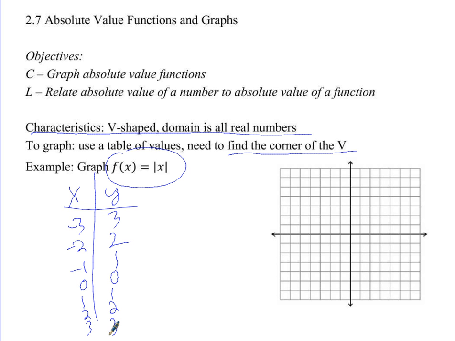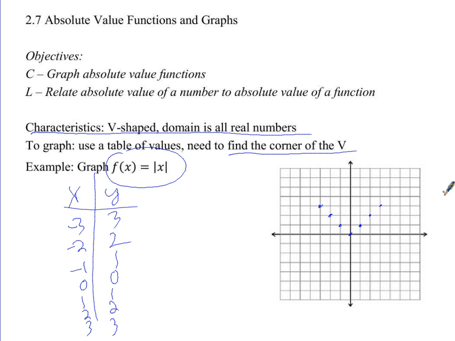So now we're going to graph those points to see what this thing looks like. -3, +3 is there. -2, +2 is there. -1, +1 is there. 0, 0 is there. Then we have +1, +1. 2, 2, 3, 3. What does that look like?